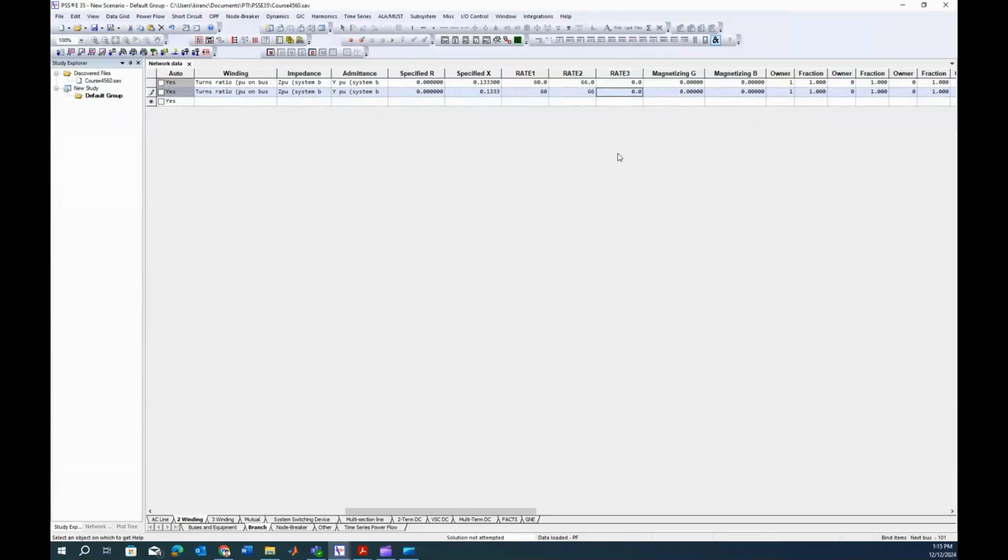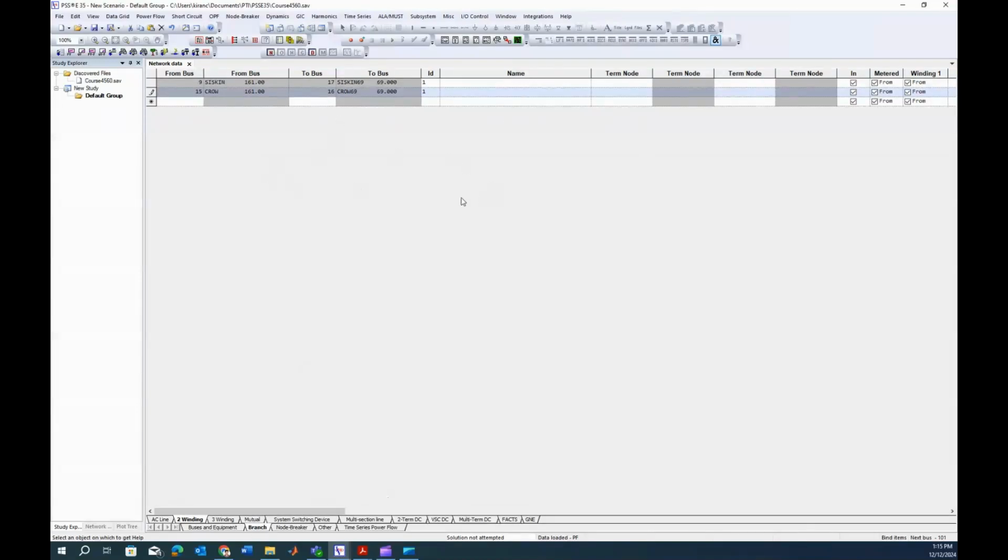So 10% higher than the nominal rating. So this is how we'll be able to get our network data incorporated as case data. So once you have your case data, that is when you can run your power flow and do the analysis and have your report.